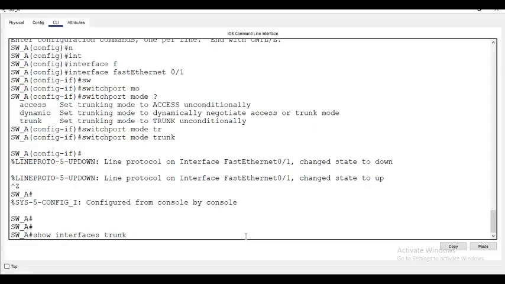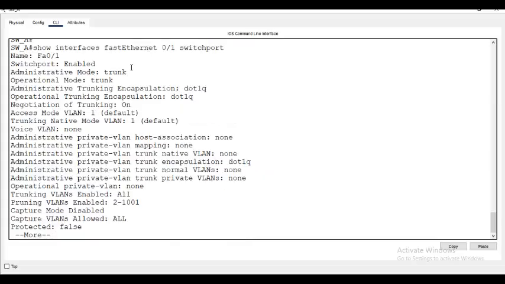As a result, operationally, I'm forced to be a trunk. Not only that, by using this protocol called .1q, I am going to negotiate with my neighbor.